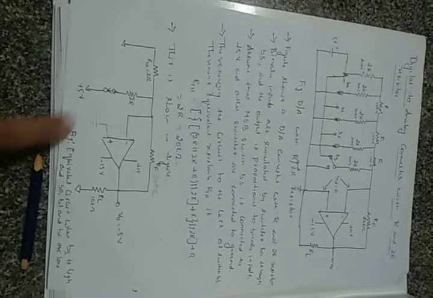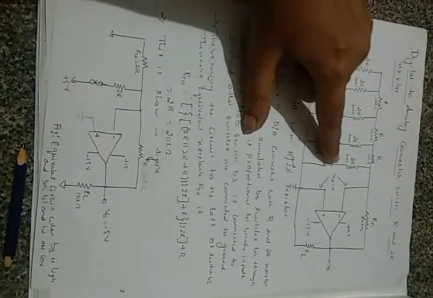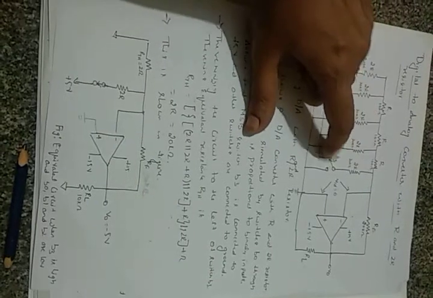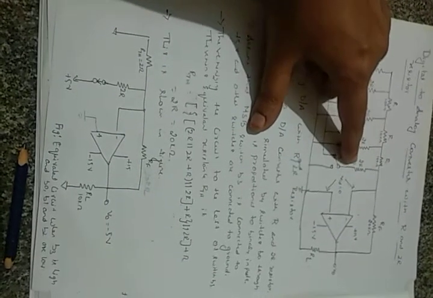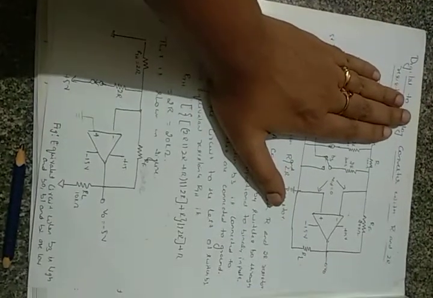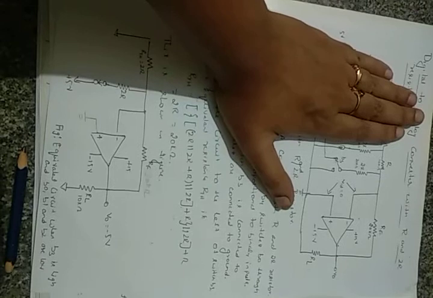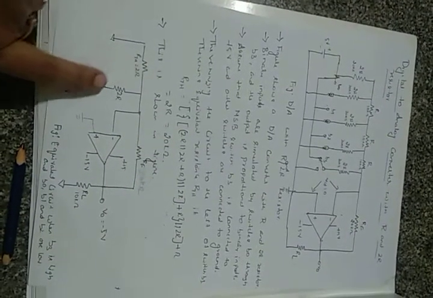Now reducing this circuit when the MSB bit B3 is 1, we have the 2R resistance connected to the switch, and the remaining part is reduced by the Thevenin's equivalent, RTH, which is equal to 2R, that is 20 kilo ohm.